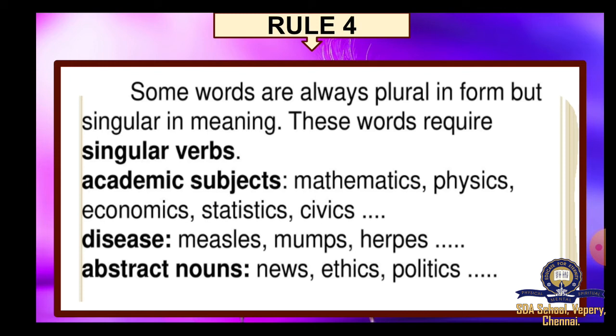They are all singular. When we say mathematics, it's just one subject, but it has an S. It looks like a plural form, but it is a singular form too. So these things will have a singular verb.